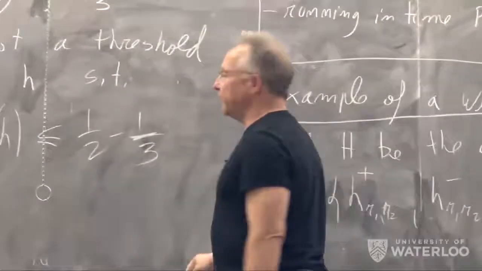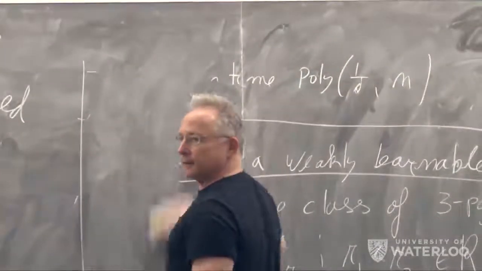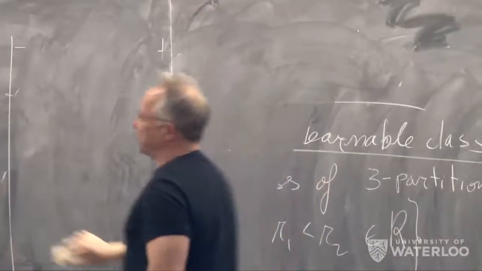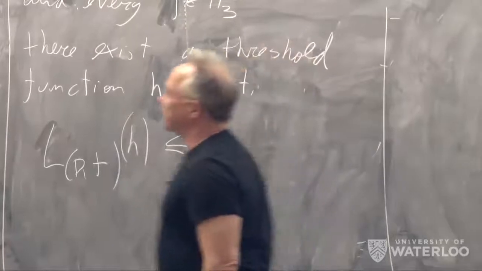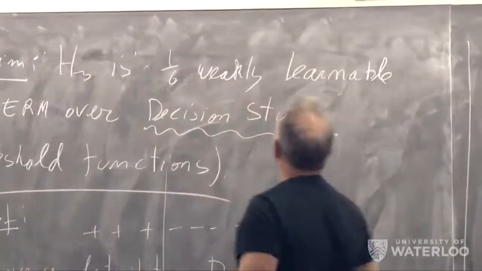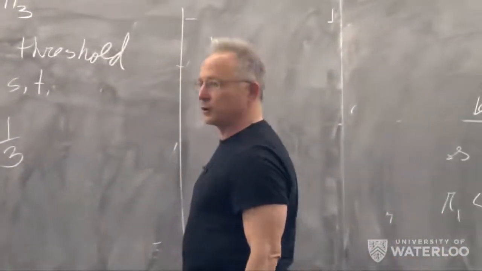So how do I show that such a function exists? I'm sorry, this should be just a third. So this is 1 over 6 weakly learnable. So how do I get such a function H?